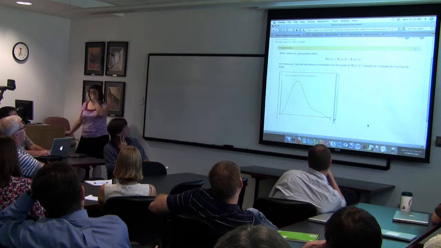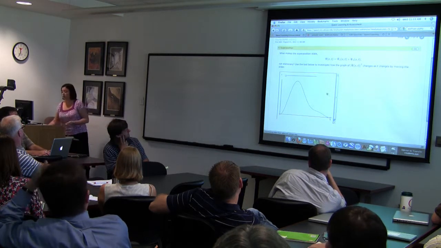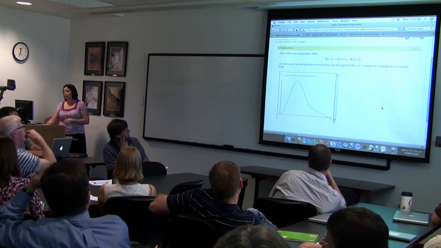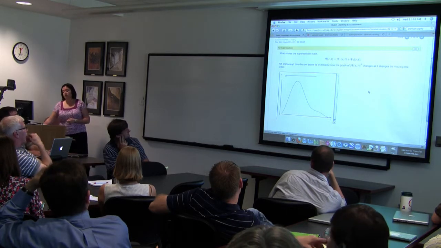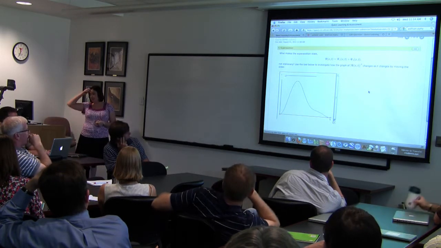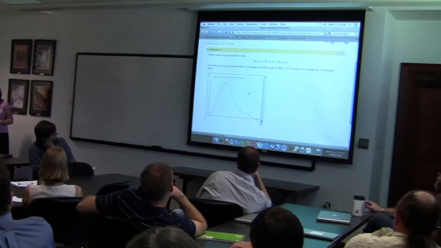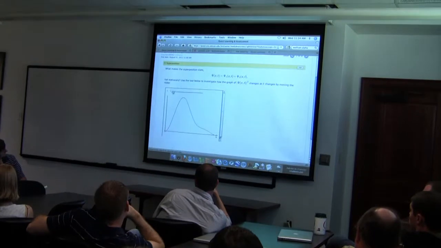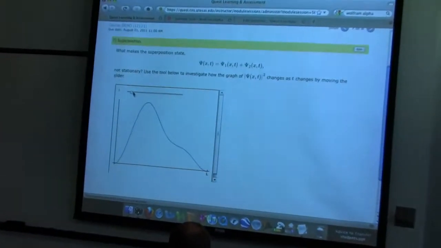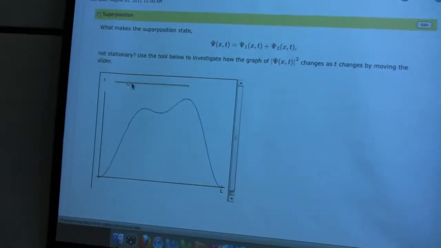Mathematica calls them manipulates. You could also call them simulations. These are certainly embeddable in problems. The next part of this question is that you look at the superposition state, and when you graph it, this is the quantity that I'm graphing here, and as I change t, I can watch the graph change.